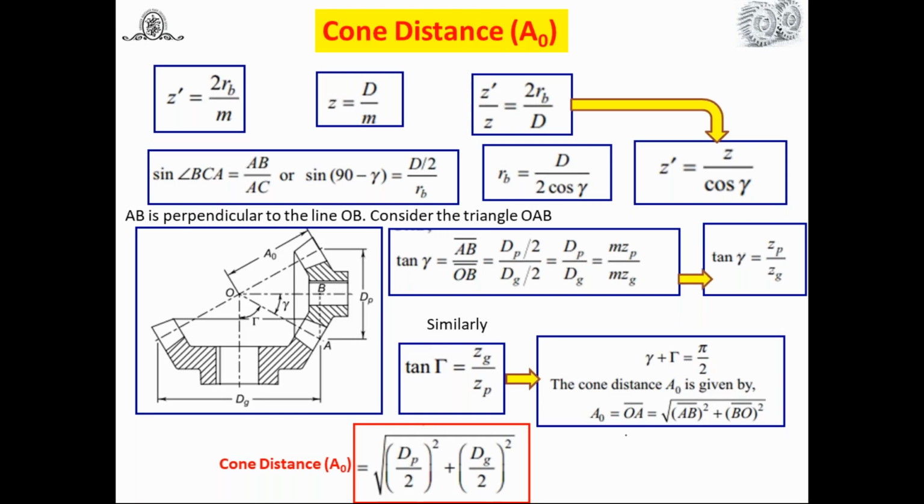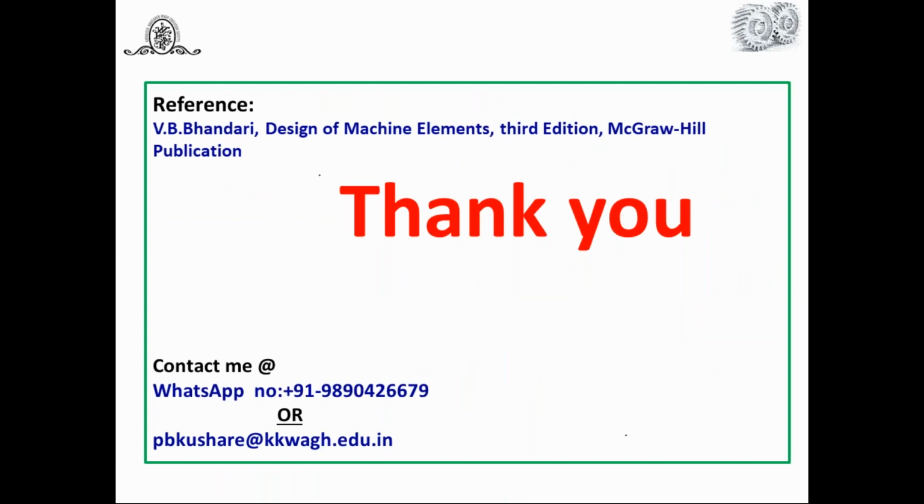Tan gamma, the pitch angle, is equal to zp by zg, and tan of the pitch angle for the large gear is equal to zg by zp. You have to remember these equations, because while solving problems we are going to use them.